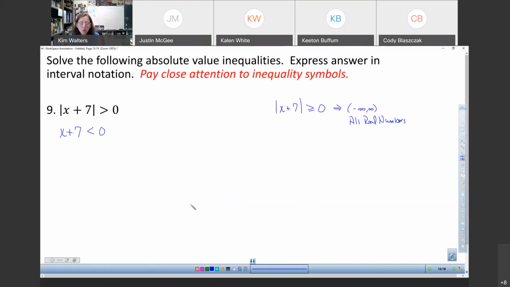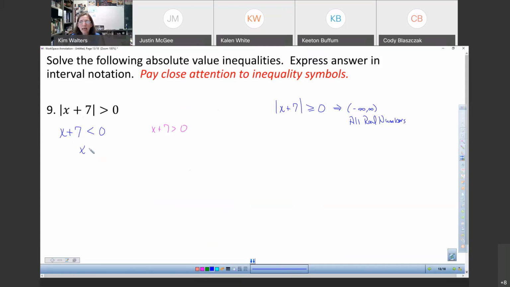And the other inequality I'm going to solve is that x plus 7 is greater than 0. So I'm still going to solve both inequalities. And if it had said equal to, I would be done. I would say all real numbers, I'm done. But because it says strictly greater than, I do have to solve these two inequalities.